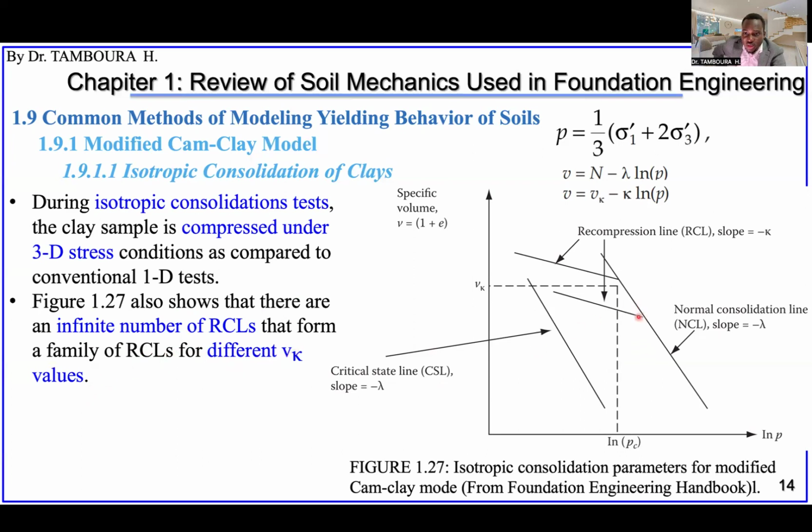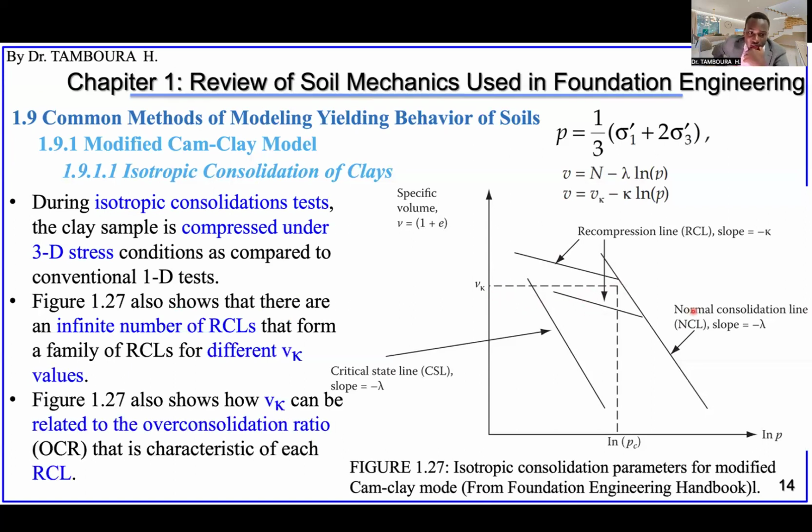Okay, VK here, in this case. So this figure also shows that the VK can be related to the over consolidation ratio. Do you remember the over consolidation ratio, the meaning? It is a ratio between two stresses: the maximum stress that the soil has already experienced and the actual stress.